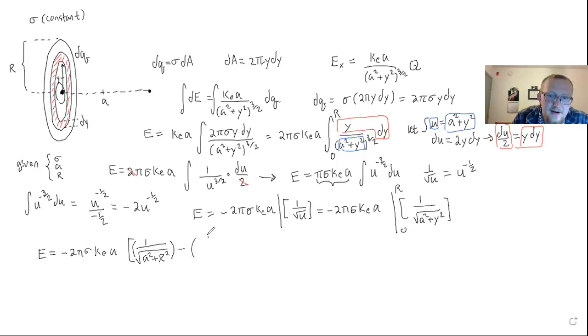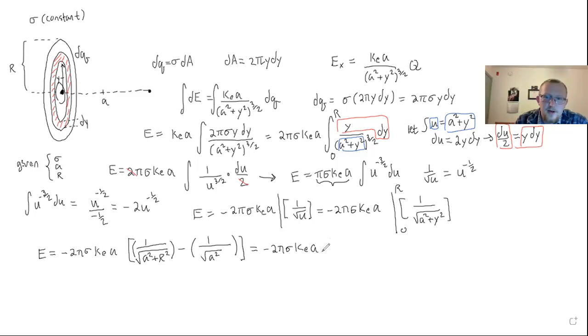And I'm going to subtract that off. So now y is just 0. So that leaves me with this term. And keep it going. It's a lot of stuff to write, isn't it?